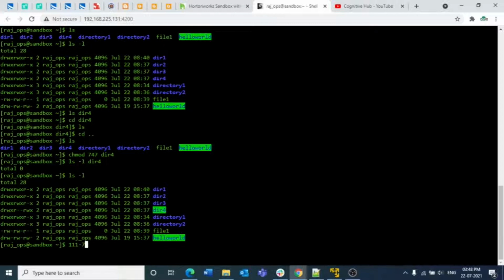Similarly, 4 is nothing but 100, which is equal to 4, and then 111, which is equal to 7. So what this means is, if we are having 1 in the first place, that is R is enabled, and if we are having 0 in the first place, then that particular field is disabled.